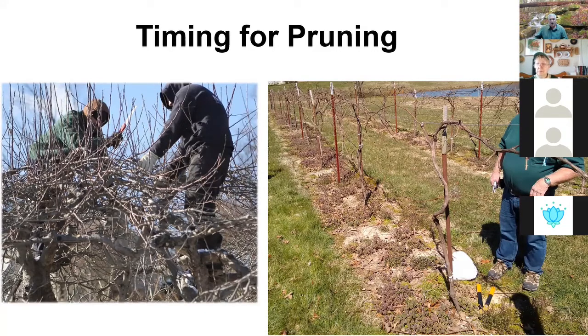Other fruit crops, I'm going to wait later. And I'm going to primarily do that from a standpoint of frost protection, but also, like in the case here with grapes, by pruning later, I can reduce the pressures of canker diseases that might show up in those grapevines. And so I actually didn't even get my grapes finished pruned until early April.